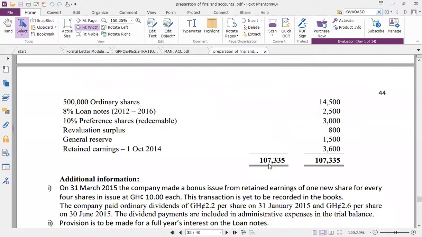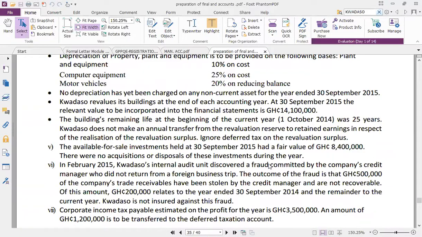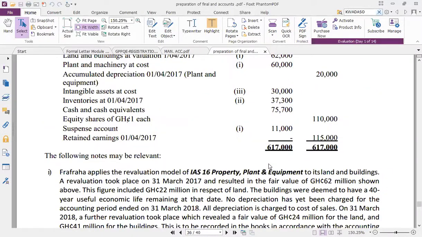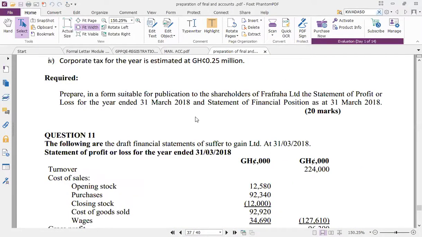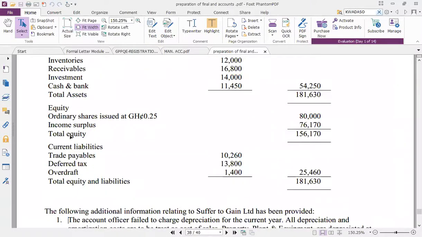Then the last question is your trial. Please, you are trying the last question, question 11. It's the very last question.